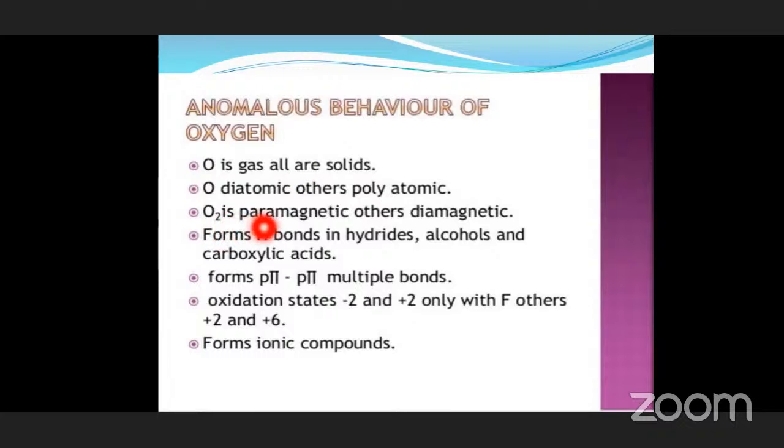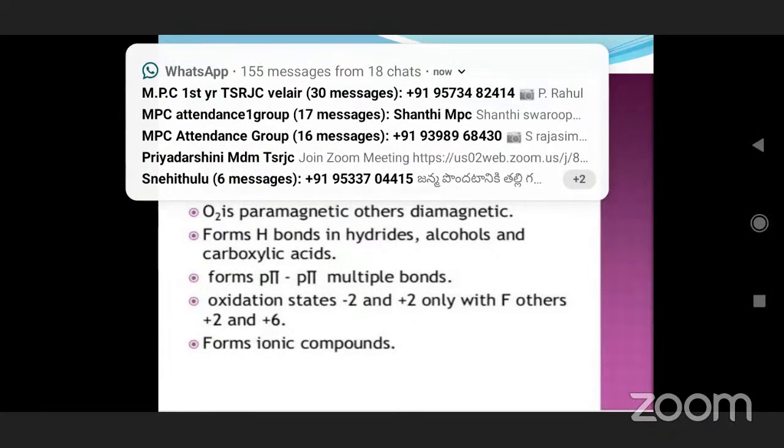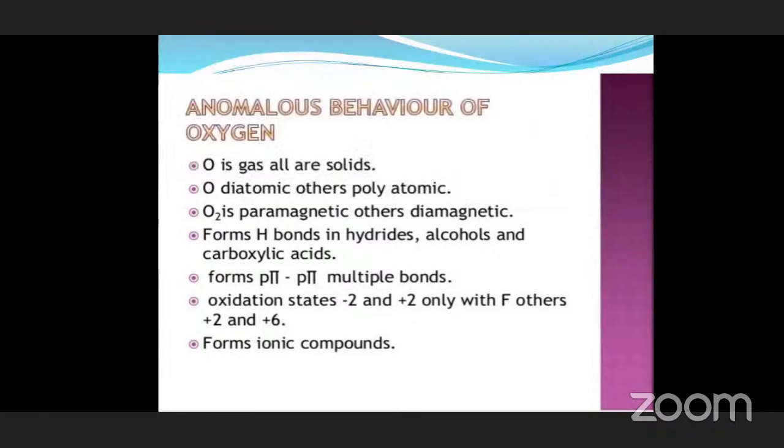Then oxygen is paramagnetic, the others are diamagnetic. That means oxygen shows paramagnetism in nature because of unpaired electrons around the oxygen, whereas the remaining ones act as diamagnetic. Then oxygen forms hydrogen bonds in hydrides, and also forms alcohols and carboxylic acids.